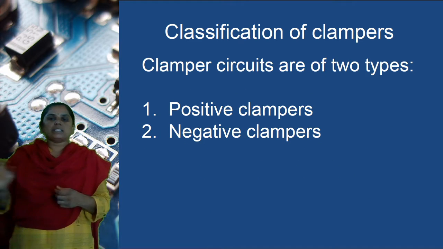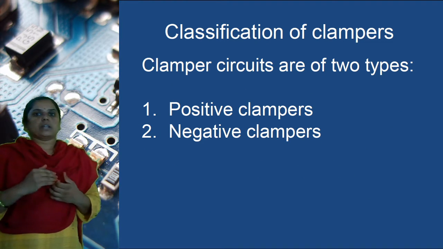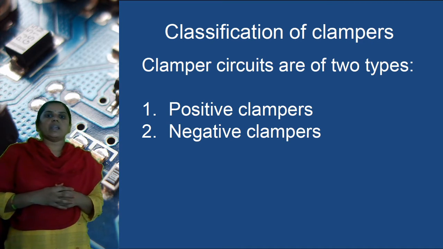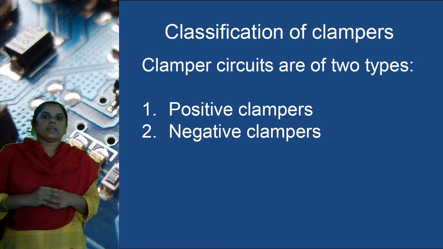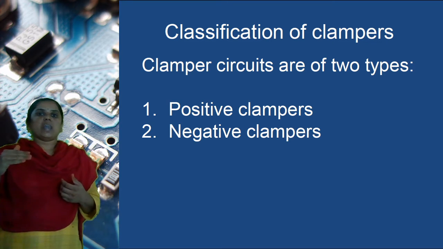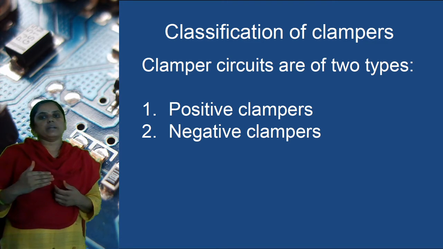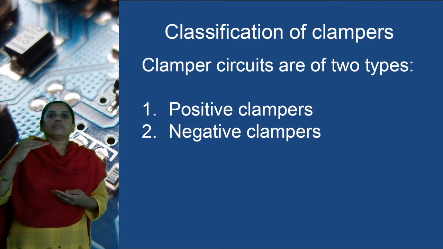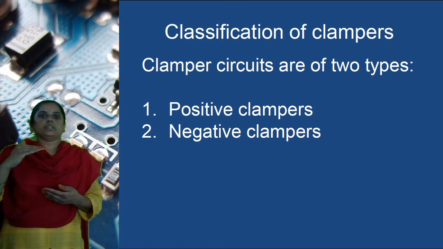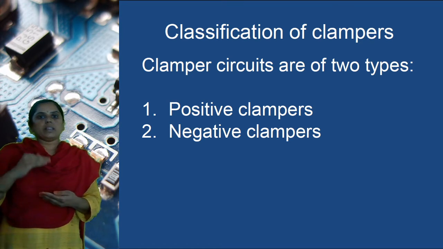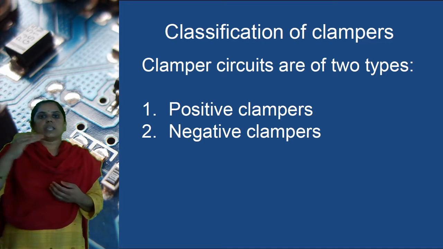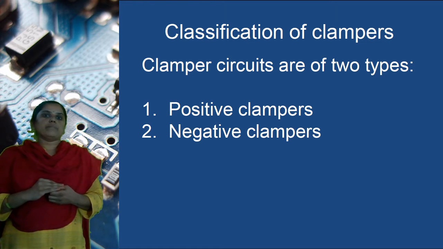Now the classification of clampers. Clamper circuits are classified into two types: positive clamper and negative clamper. A clamper circuit moves the input signal upwards or downwards. When the input signal moves upwards, the circuit is called a positive clamping circuit.